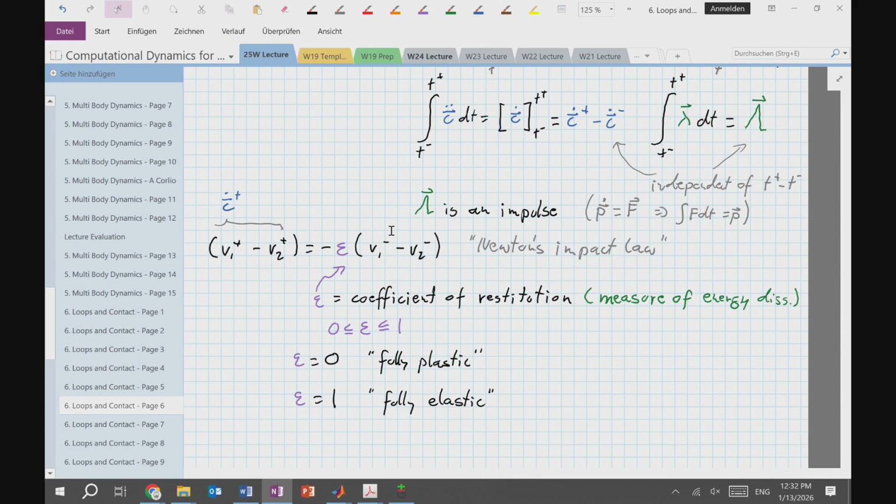Imagine you have two glass balls impacting. At low velocities, they're very elastic, right? So you get a coefficient of restitution, epsilon, very close to 1. Glass turns out to be a very elastic material, very little damping, so you get good energy storage or good energy return. Elastic collision.